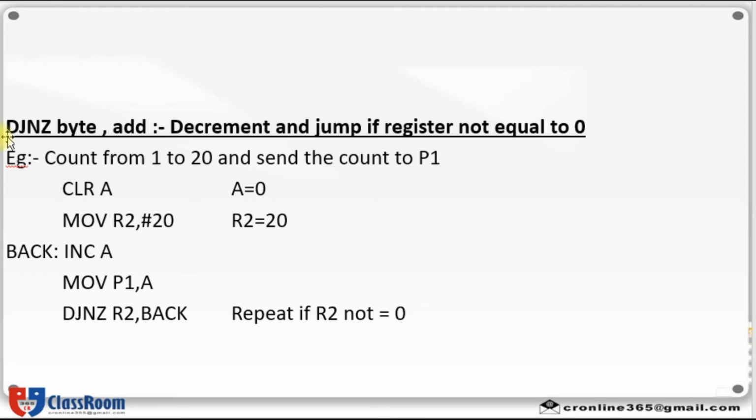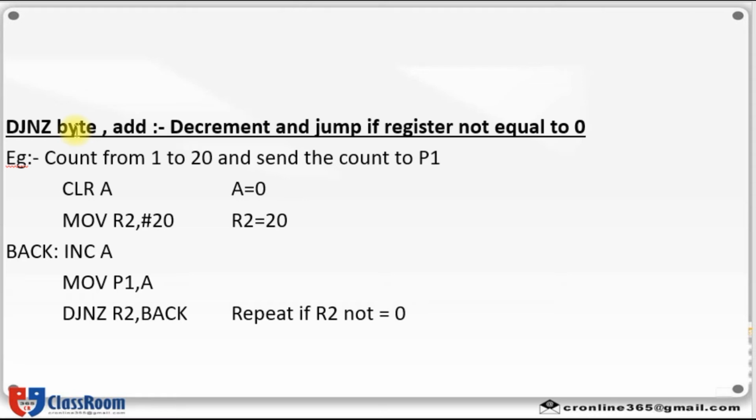Then next is DJNZ, byte comma address. DJNZ, D means decrement, J means jump, N means non, Z means 0. Decrement and jump on non-zero.